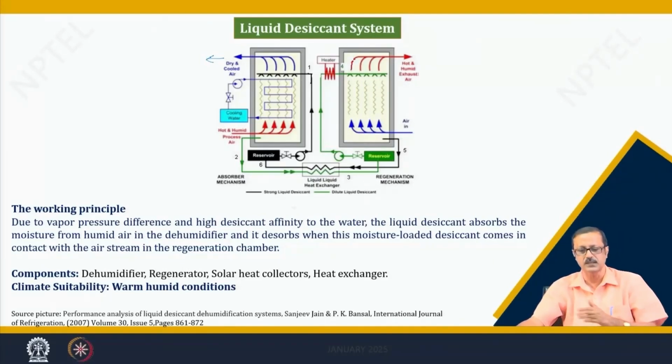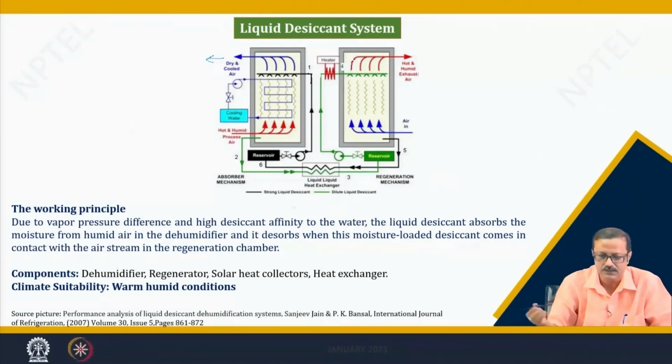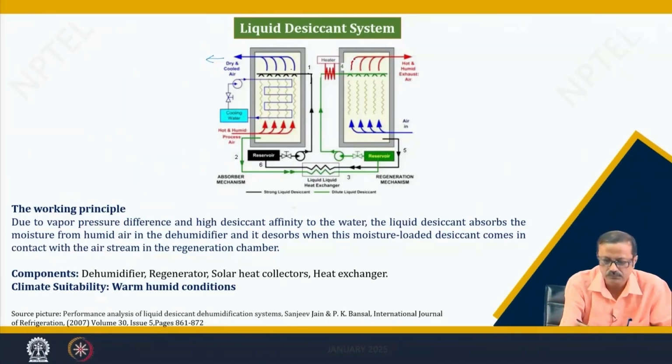In the other part, I have to again recover the liquid desiccant. You see this black color line and arrow is the desiccant flow, and it comes to the bottom part of the first box, the first container, and from there a green color arrow is coming out.